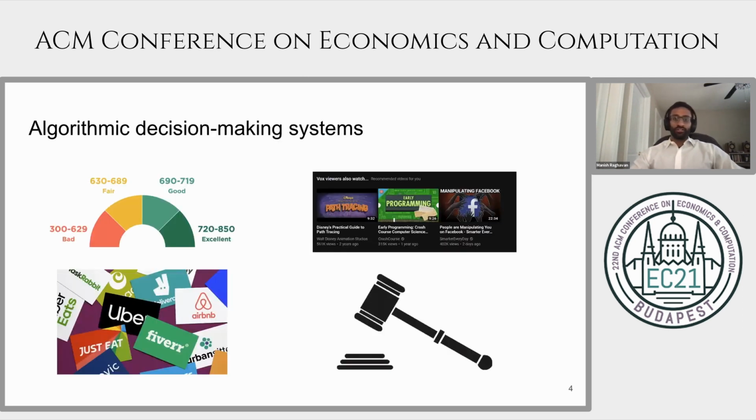So broadly speaking, the types of systems that we're talking about can be broadly termed algorithmic decision-making systems. These are decision-making systems that are actually used in a very wide variety of contexts, where decisions are made about people's lives and algorithms have some input or make up some component of that decision-making process.